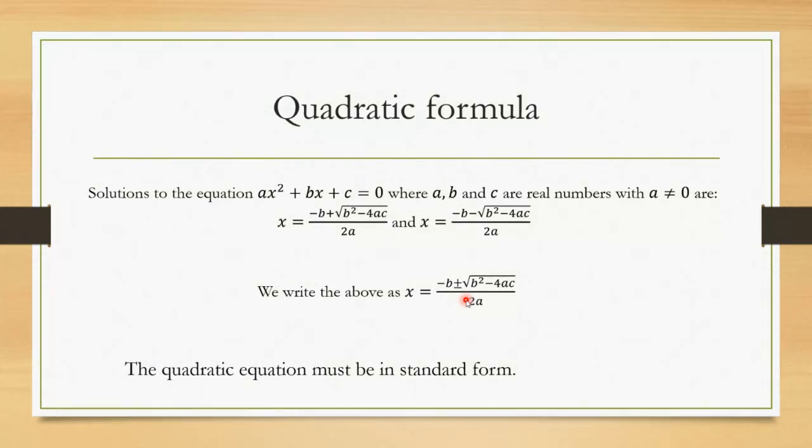We're not dealing with complex numbers for time consideration. Normally, if it was negative, your solutions could be complex. But again, the original equation has to be in standard form. Otherwise, this is not going to help us.